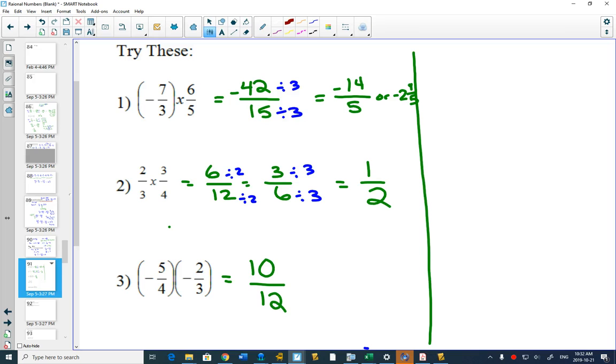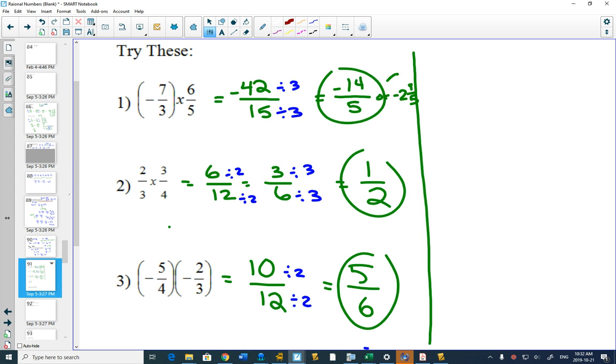Negative times a negative? Positive. 10 over 12. Notice you can divide both of these by 2. It's not a bad idea to circle your final answer.